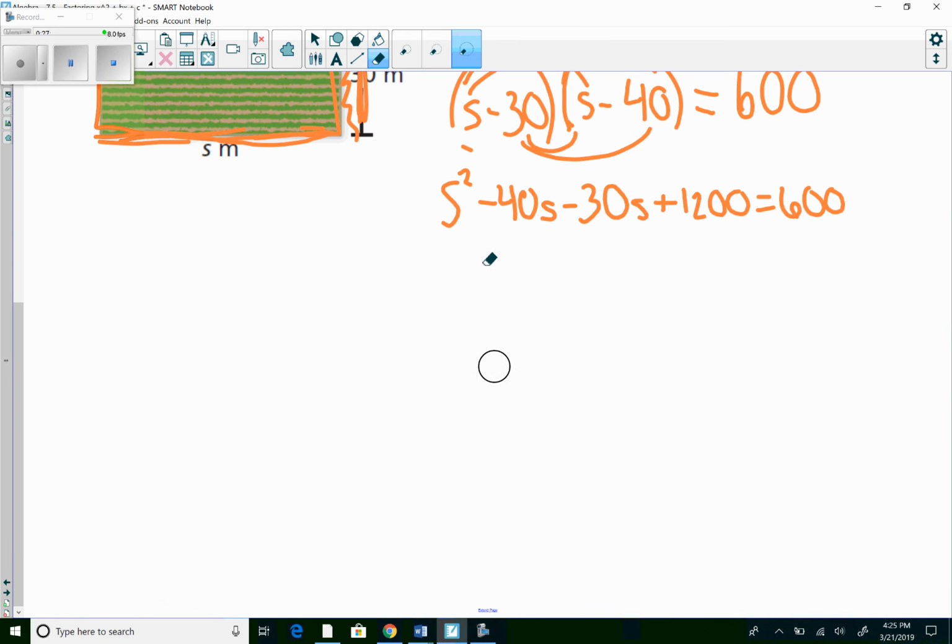Okay, I'm going to simplify. So I'm going to do S squared minus 70S plus 1200 equals 600.